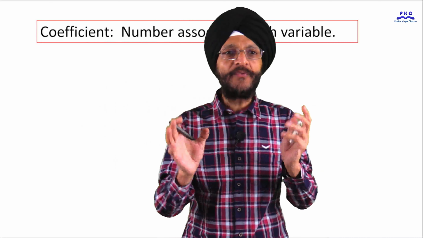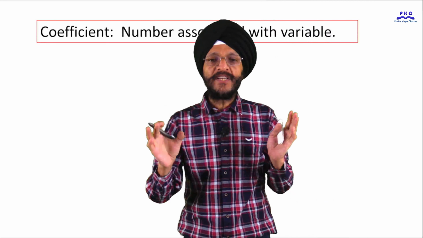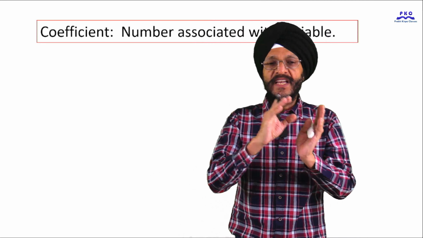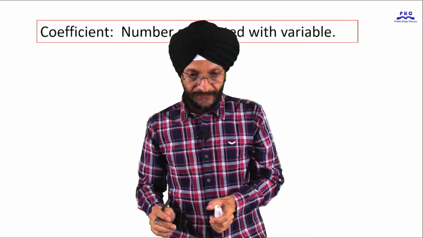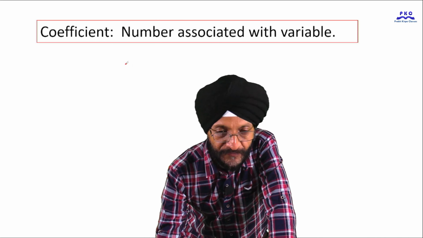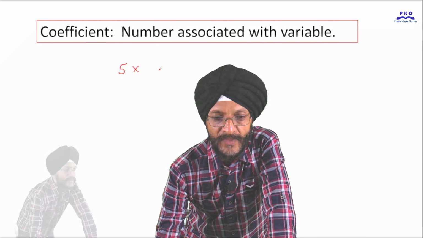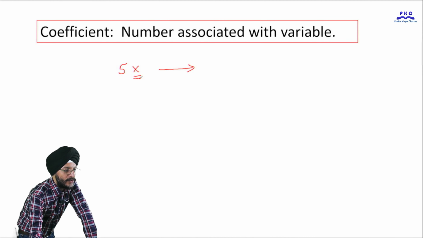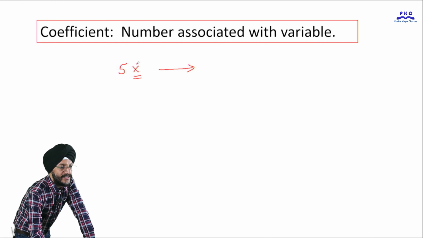So now we proceed further. What is the meaning of coefficient? Coefficient means the number which is associated with a variable. So now if we write say 5x, you have already understood that x is the variable.